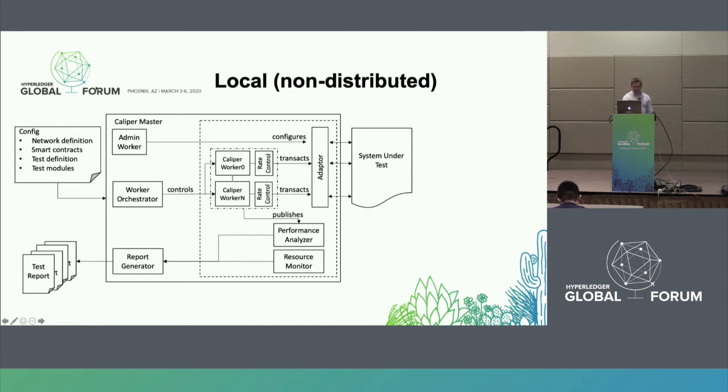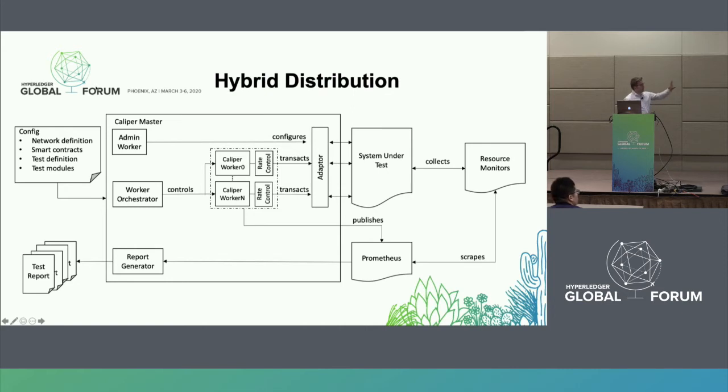So let's look at the hybrid. We still have our configuration on the top left, and we still have the Caliper master, which has an admin worker and a worker orchestrator spawning local clients. The difference now is that we've got Prometheus in the mix.